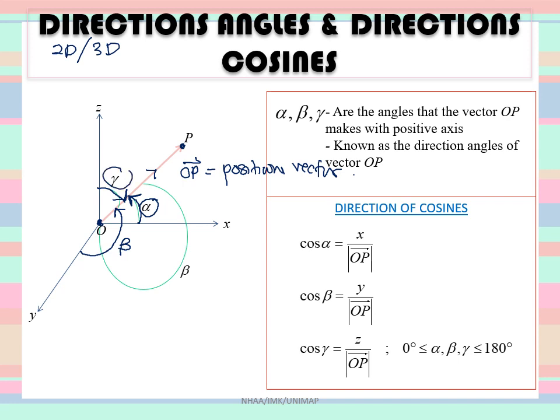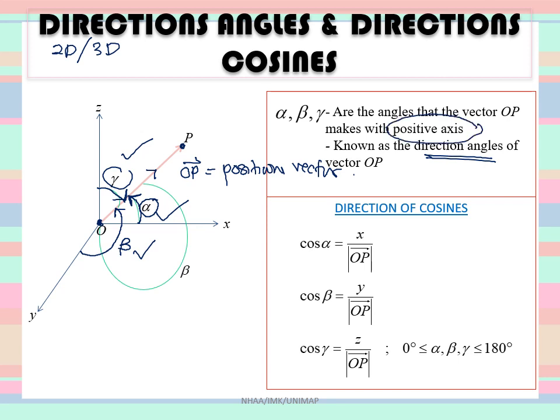So alpha, beta, and gamma here are angles that we call direction angles, where we measure the angle from the positive axis.